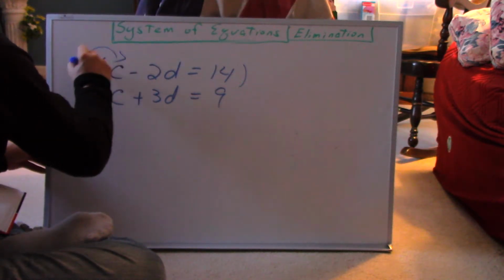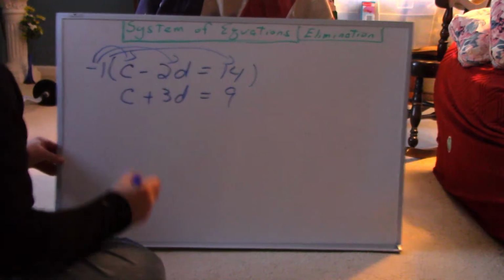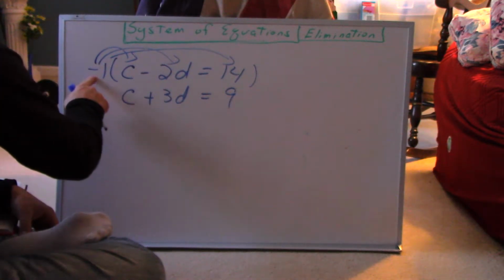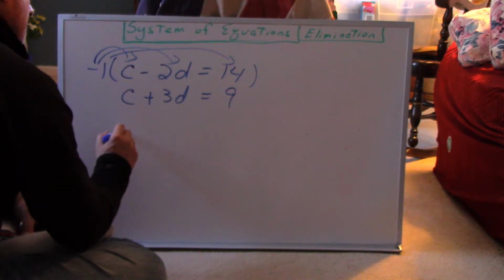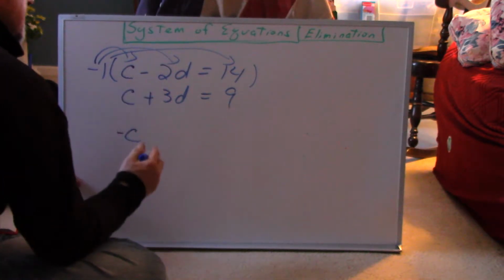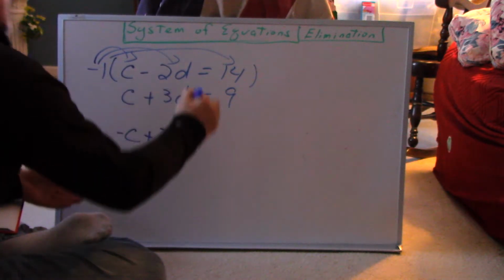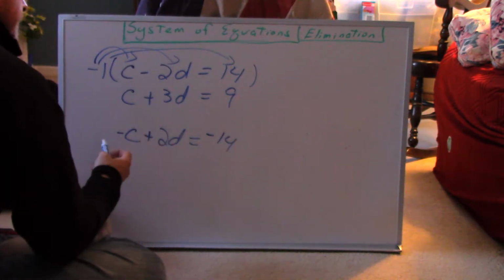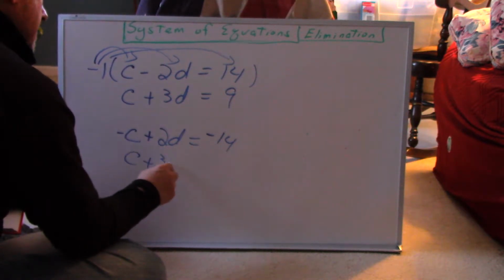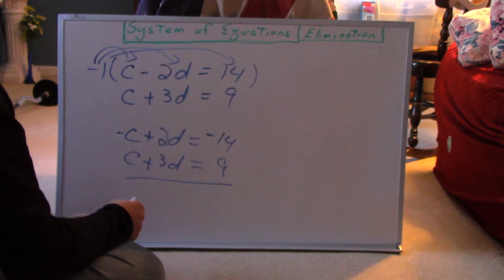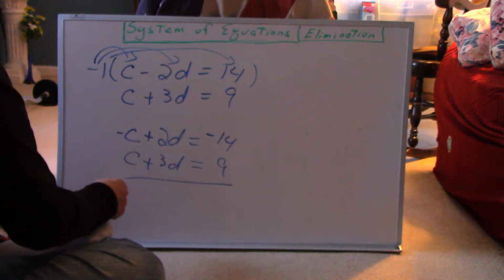And then you have to multiply it by all three expressions. So negative 1 times c is negative c. Negative 1 times negative 2d is positive 2d. Negative 1 times 14 is negative 14. C plus 3d equals 9. Negative c, positive c crosses out.